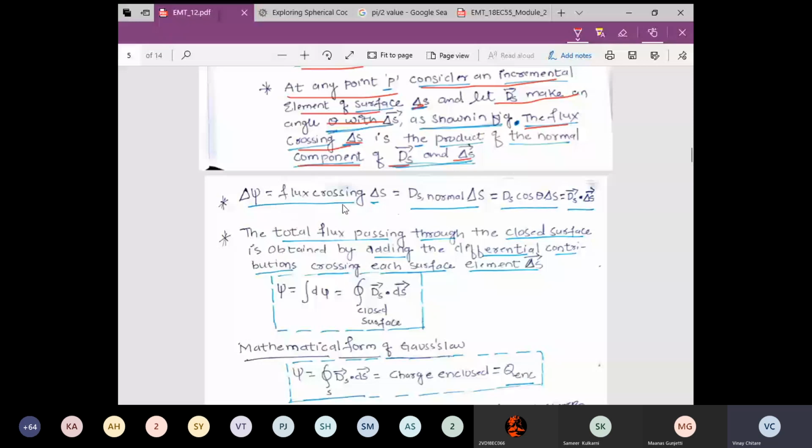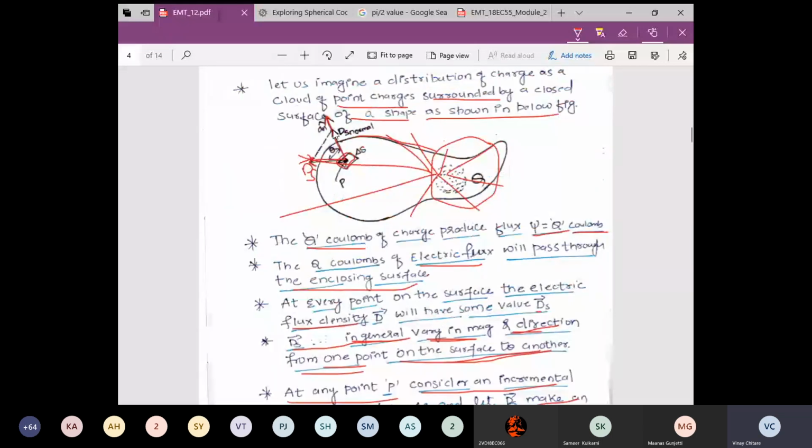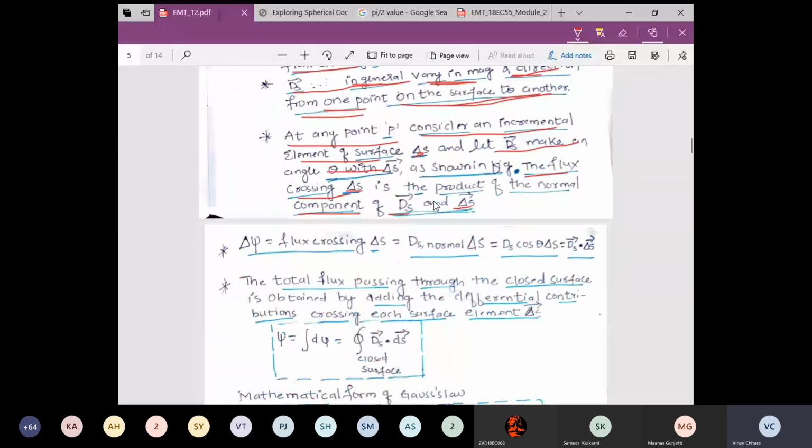So we stopped at this point, saying that the flux crossing this differential element area is the product of the normal component of D and delta S. That is, delta psi equals the flux crossing delta S, equal to D normal times delta S. This is nothing but finding the projection of D on the unit vector a n hat, which is given as D cos theta.